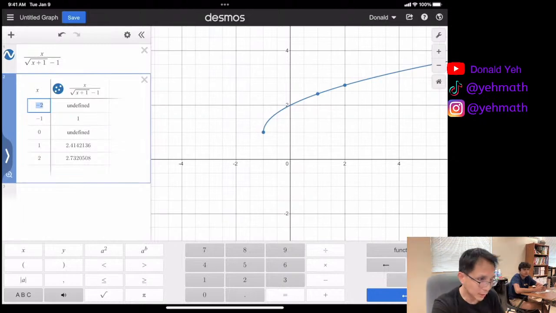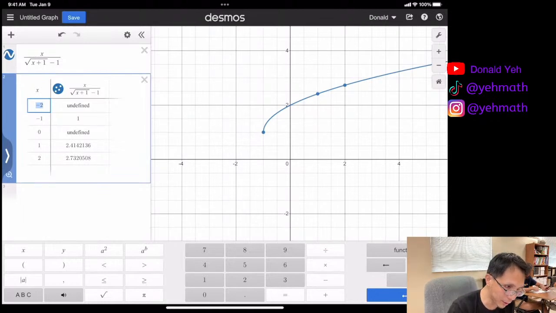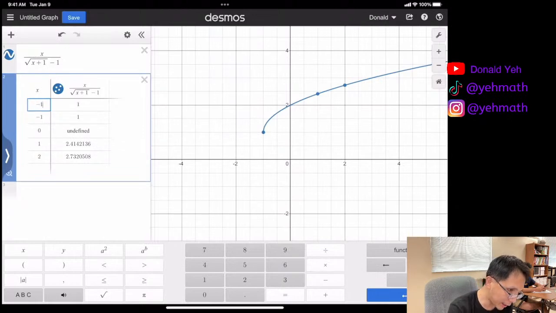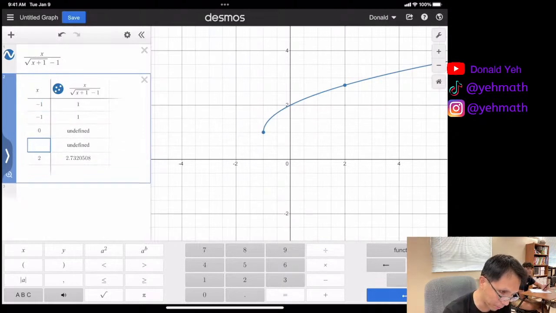Okay, so what happened is here I want to do that. So what we're gonna do is approach 0 that way. We know that approaching 0, it says undefined over there. Do you see that it says undefined? Yeah. Okay, so we're gonna approach 0 from the left side. So we're gonna start with -1, and on the other side we're gonna start with 1.